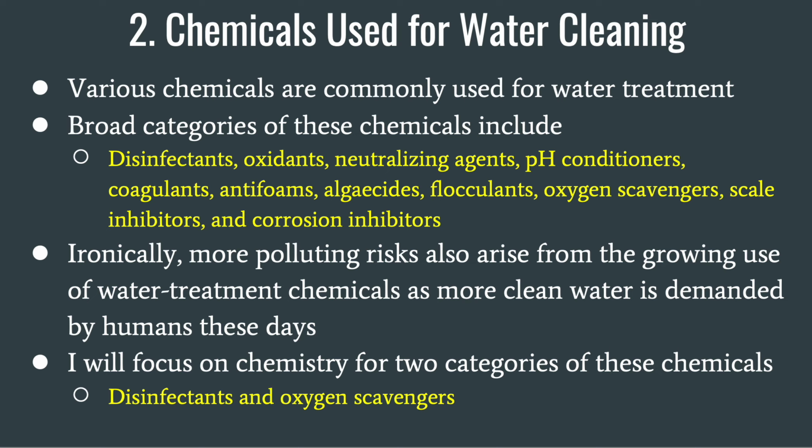Ironically, more polluting risks also arise from the growing use of water treatment chemicals as more clean water is demanded by humans these days. I will focus on chemistry for two categories of these chemicals, which are disinfectants and oxygen scavengers.